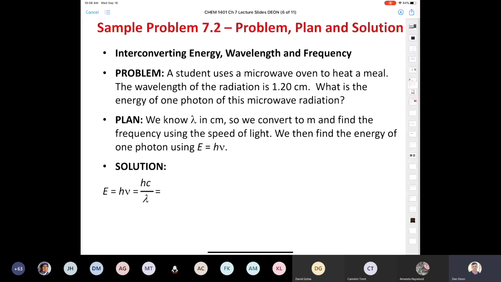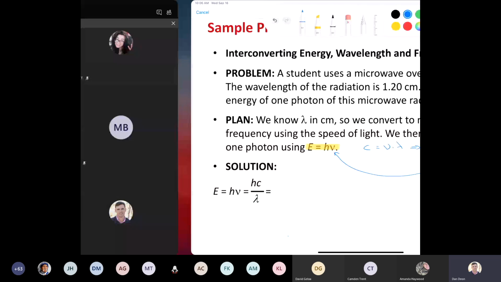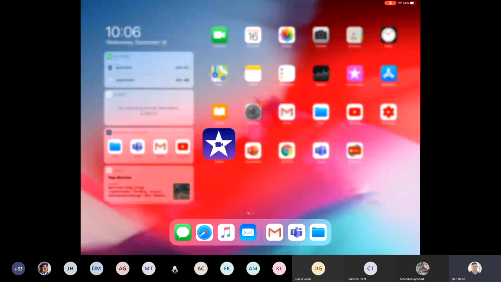I showed you this equation earlier in class today: the energy is equal to Planck's constant times frequency. I also showed you that the speed of light is equal to frequency times wavelength. I can solve for my nu, my frequency, which is equal to the speed of light divided by wavelength, and plug it in here.